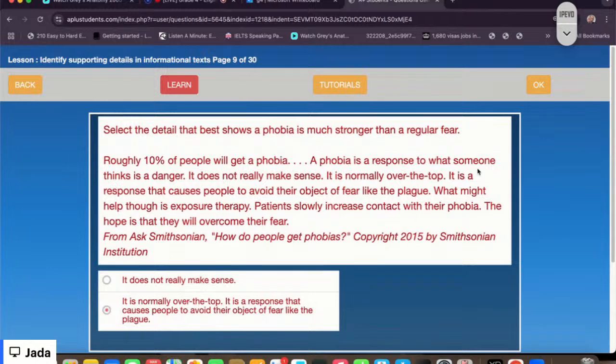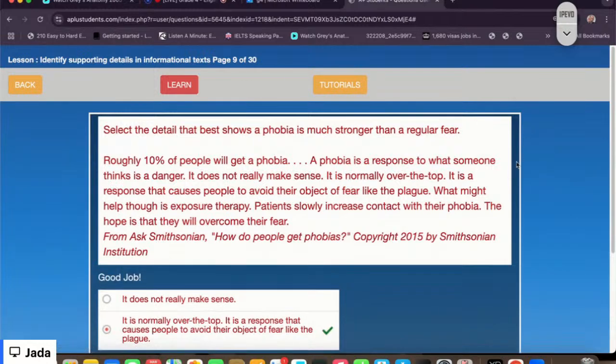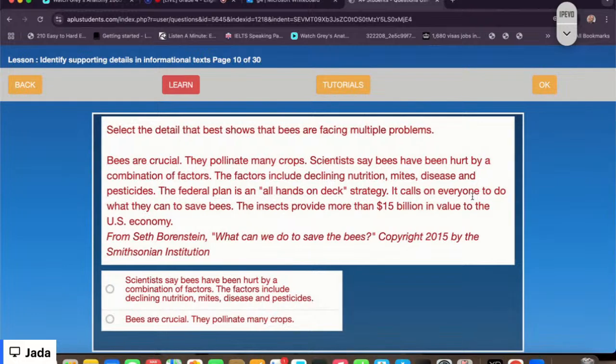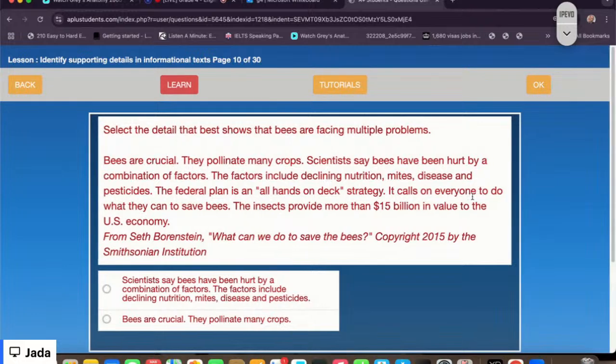So, option two. Good job, guys. Select the detail that best shows that bees are facing multiple problems. So, is it the first or the second?